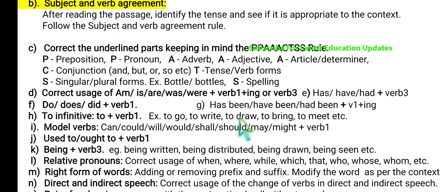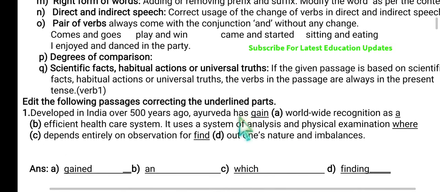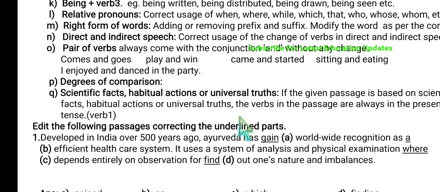So first of all, we will select a sample passage where we begin the discussion of the grammar errors, right? So the question will be like this. This is the question number 22 from your section B, SSC examination, English examination point of view. So the passage starts.